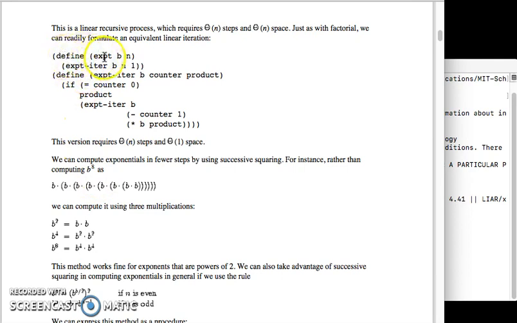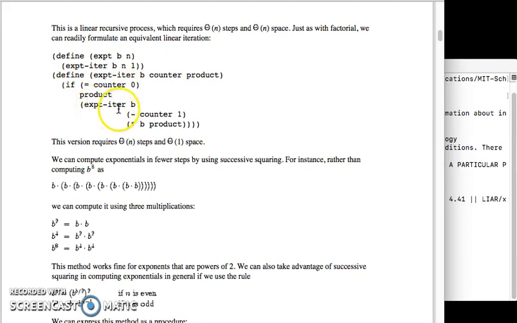Define the procedure exponent that takes inputs b and n to be the procedure exponent-iter applied to b, n, and 1. Define exponent-iter, iteration, that takes inputs b, counter, and product to be: if counter is equal to 0, return the product.